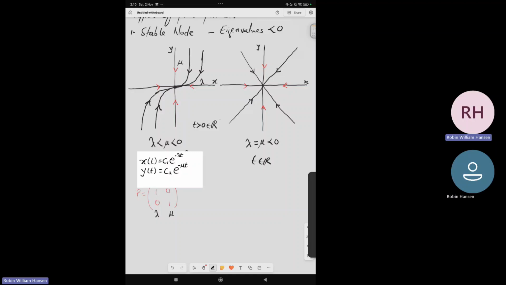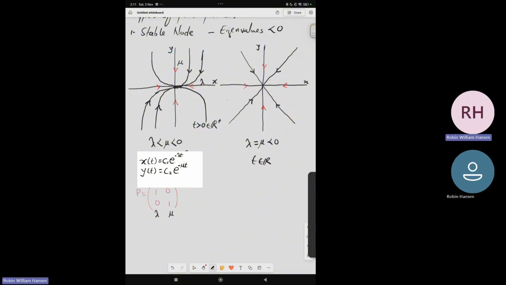And for t less than 0, which is t going to negative infinity, our solution curve will come this way. And this way. Okay.